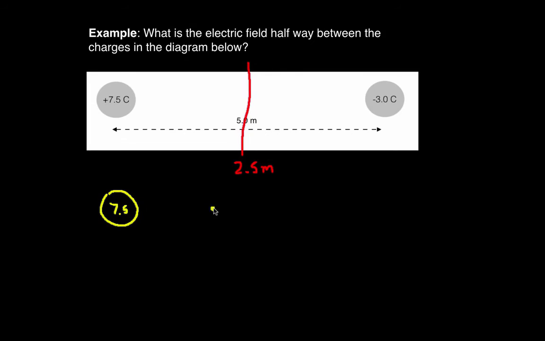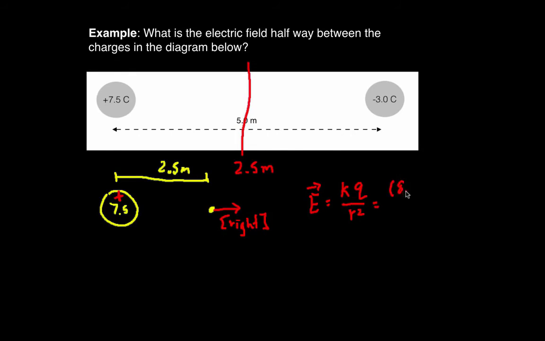We want to know the electric field at a point 2.5 meters away from the center of the 7.5 coulomb charge. We know that this is a positive charge and electric fields point away from positive charges, so whatever magnitude we get, its direction is going to be to the right. So, electric field equals kq divided by distance from the charge squared.